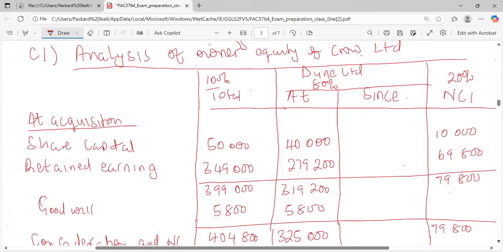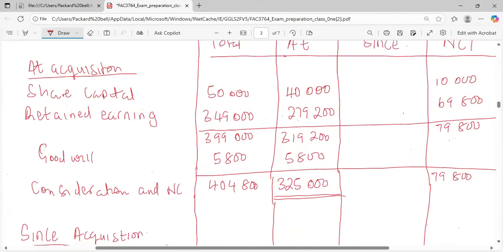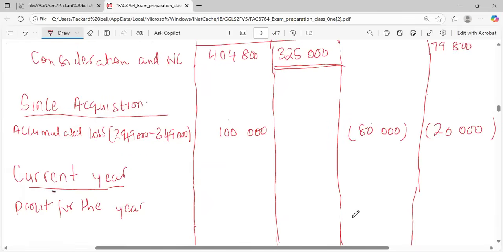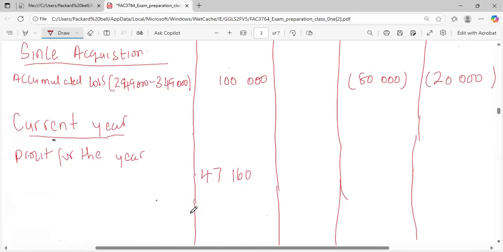So you can come here and say it's 47,160. Then you adjust the unrealized profit here.